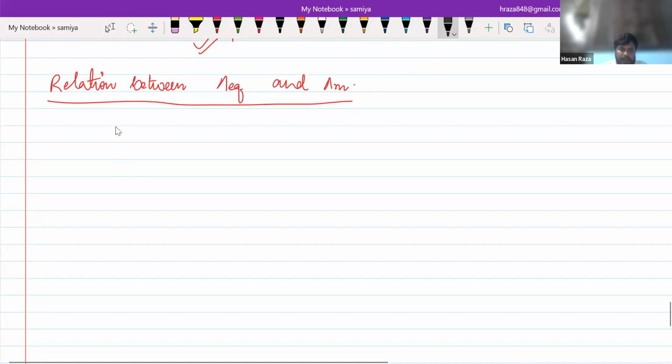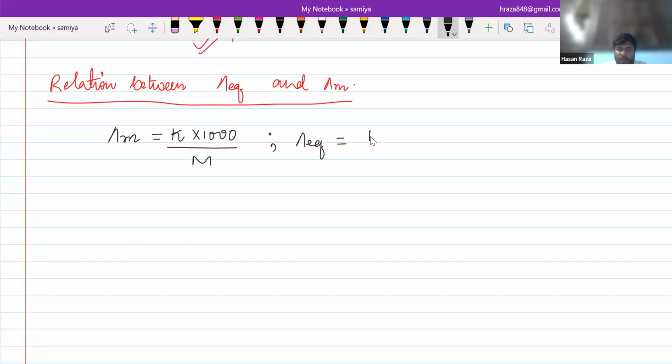So see, molar conductivity is equal to kappa into 1000 upon m, and equivalent conductivity is equal to kappa into 1000 upon n.